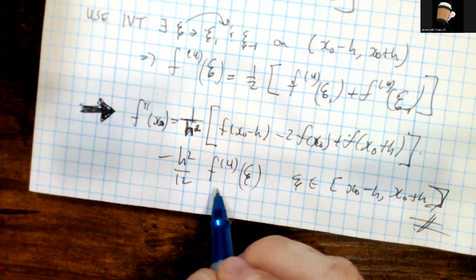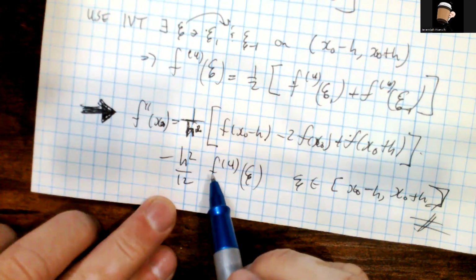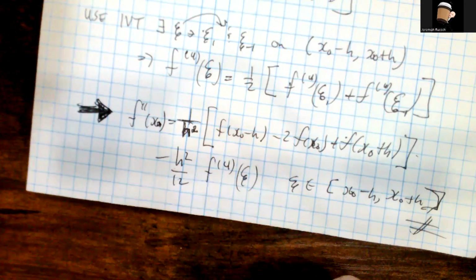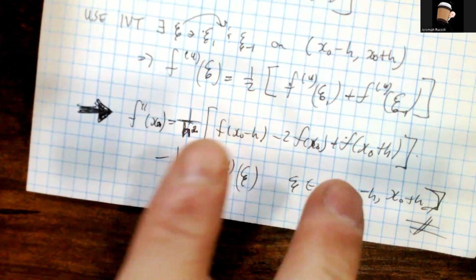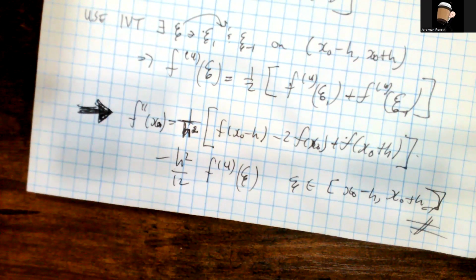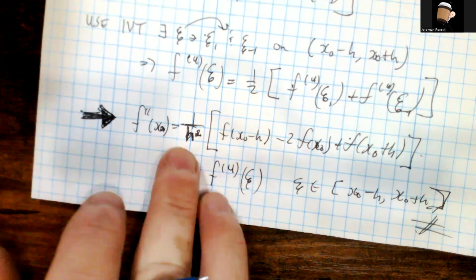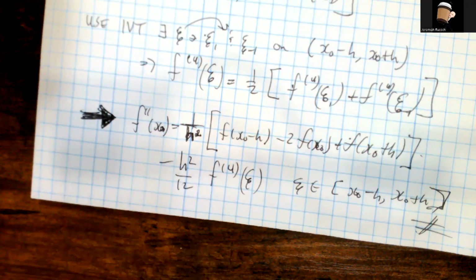And that allows us to condense this into a single error term, which allows us to then create a much simplified version. So we have a single value for the error approximation. So we know how good, or we have a handle on how close our approximation is to the actual value of the second derivative.